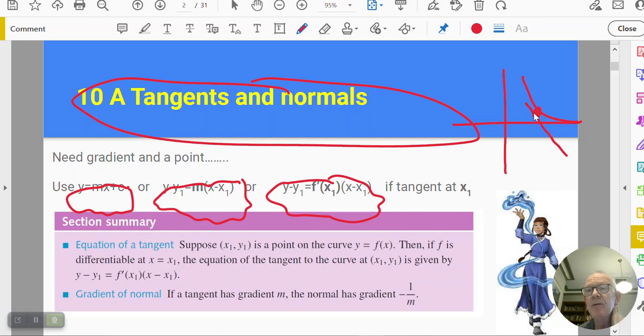So at the point of attachment, if that is at x equals a, then f dash of a will equal the gradient of the tangent. And then the point a, f of a, is also on the line.